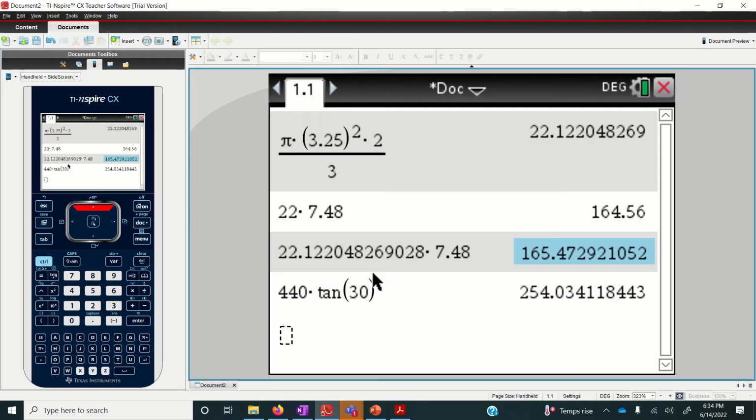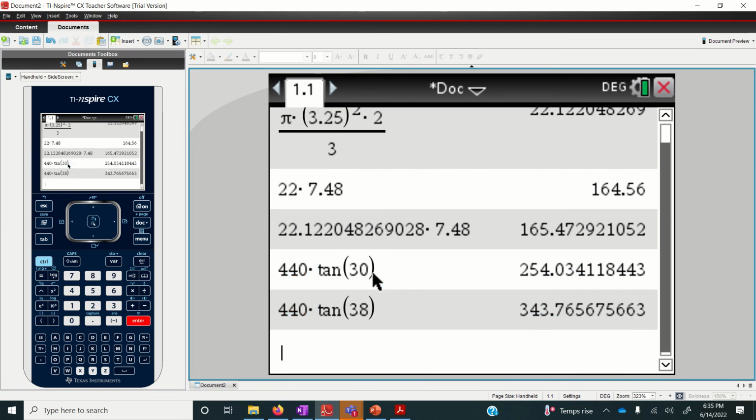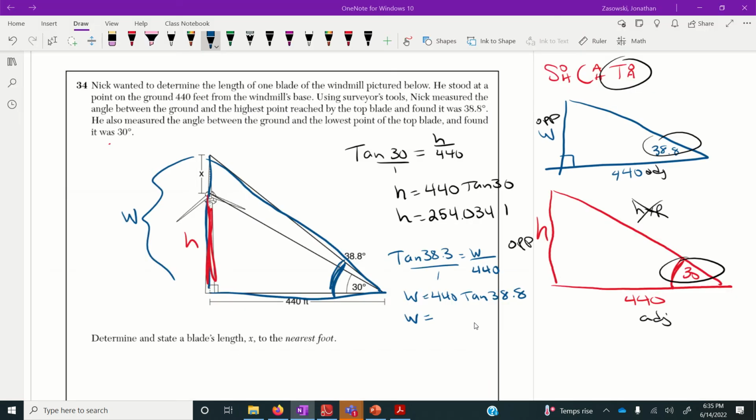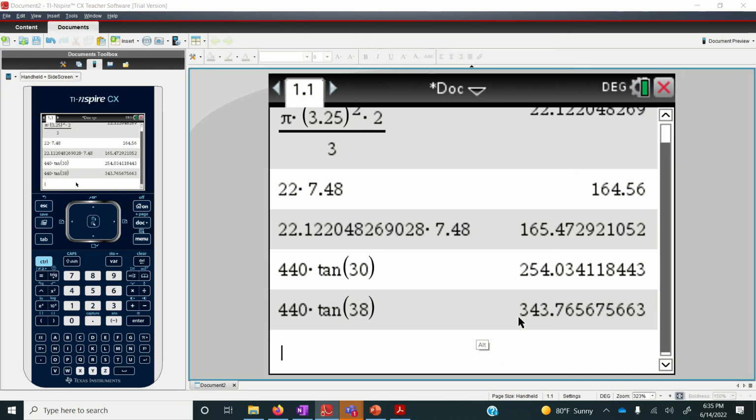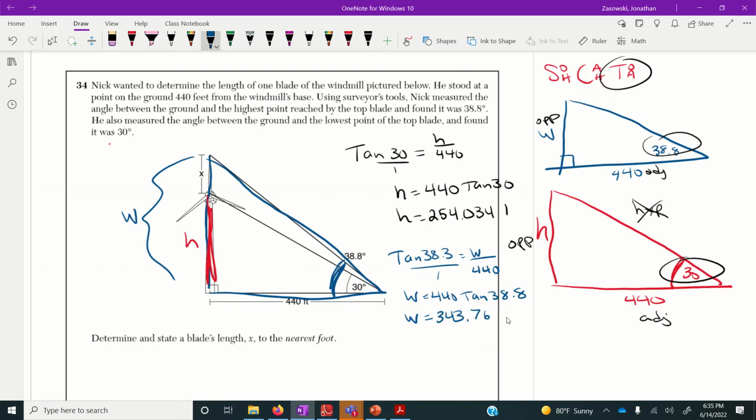And then we can just bring that down, change that 0 to an 8. 343.76, we'll go 57. All right.